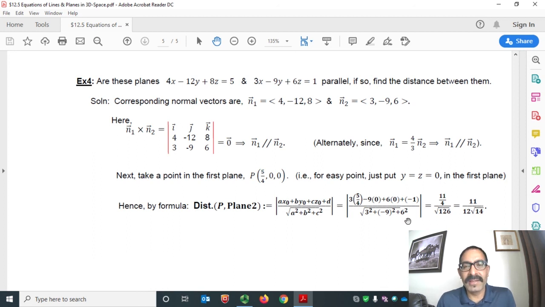After simplifying, it turns out to be 11 over 12 times radical 14. This is the distance between these two planes.